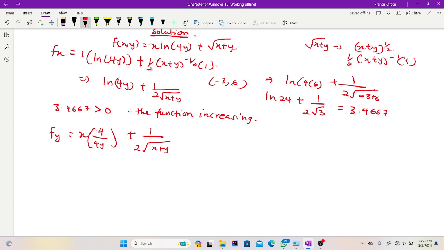That will give us x over y, because this 4 cancels this 4. So x over y plus 1 over 2 root of x plus y.